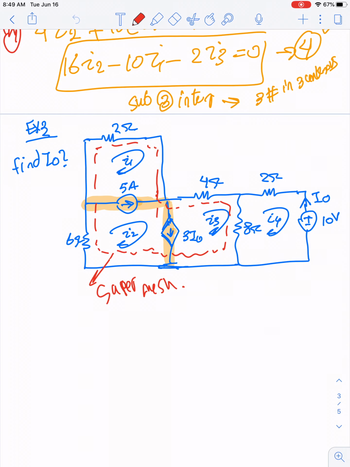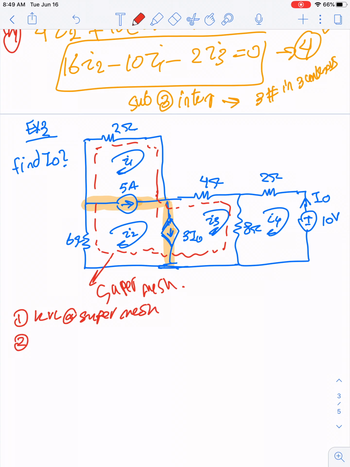This super mesh contains three different meshes, so it means I need to find three different equations using it. The first equation is by doing KVL around the super mesh.